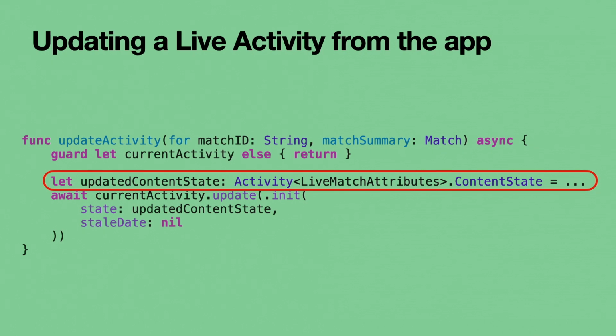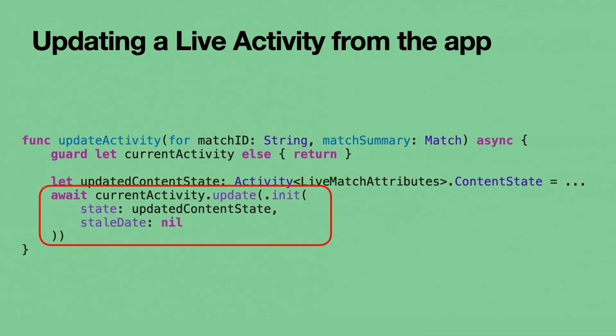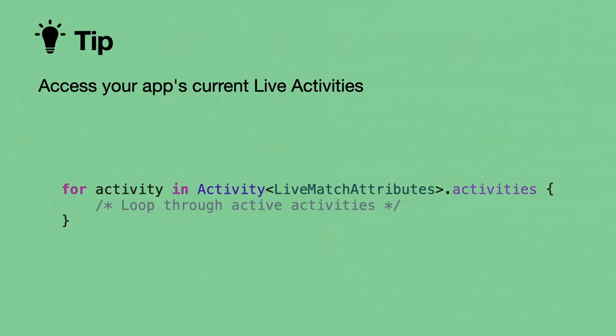And what about updating it? Well, it's quite simple. Again, we construct a new content state. We don't need to construct the attributes again because we only do that once. And we pass it to our current activity by calling the update method. It is that simple. But for that reason, it's probably worth keeping a reference in your code to the activity once it's started.